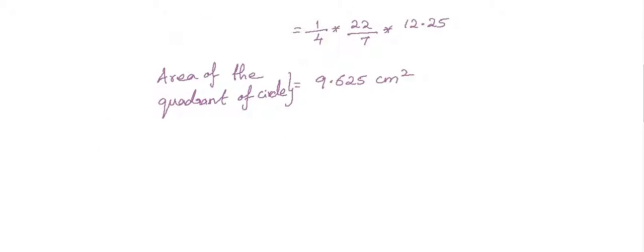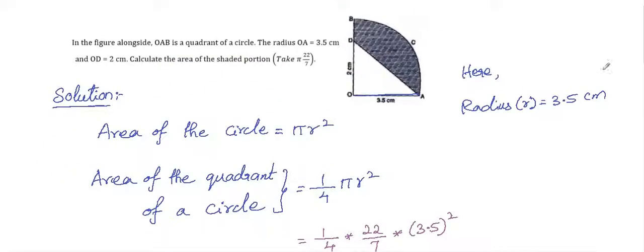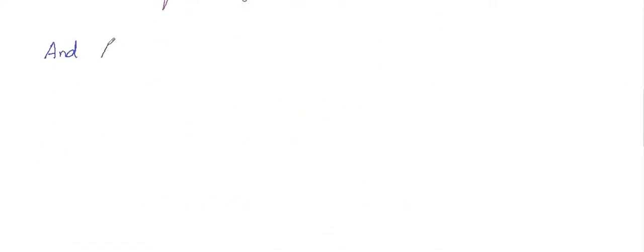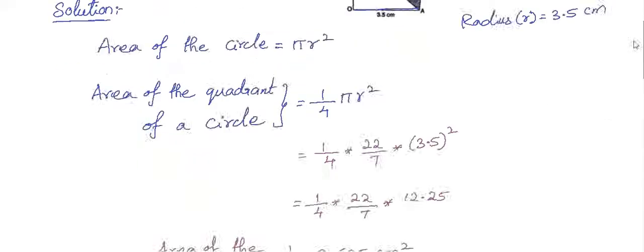Now find the area of the right angle triangle. AOD is the right angle triangle, where the base is 3.5 centimeters and the height is 2 centimeters.